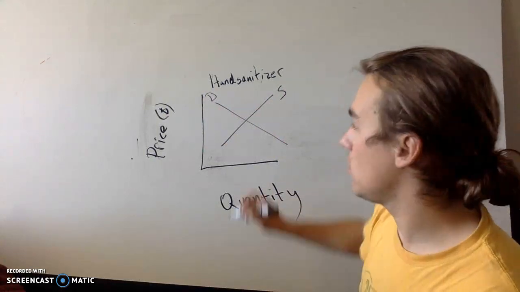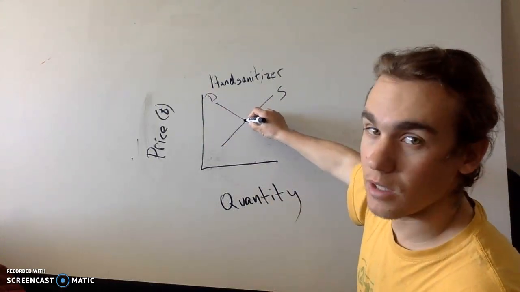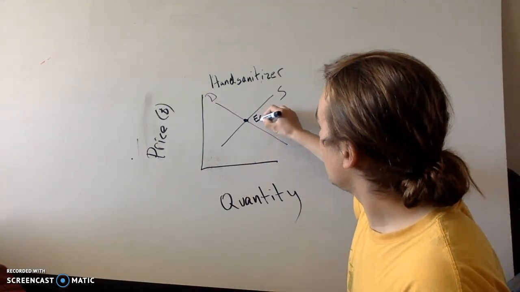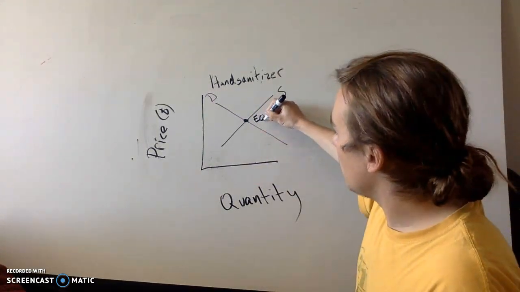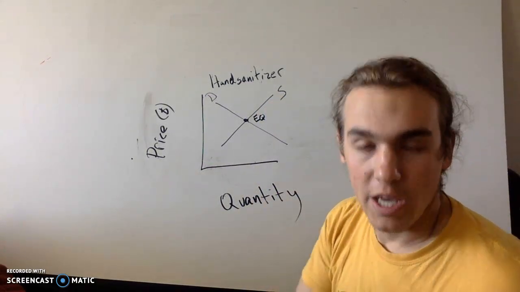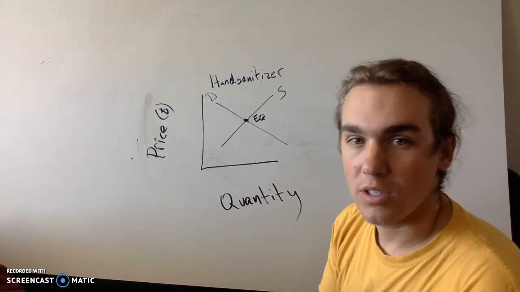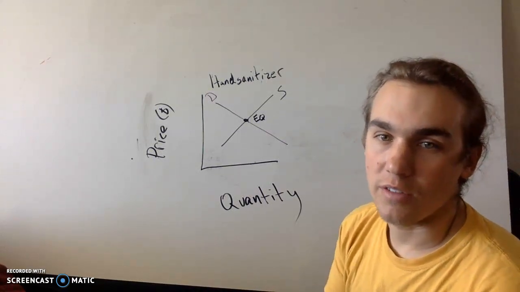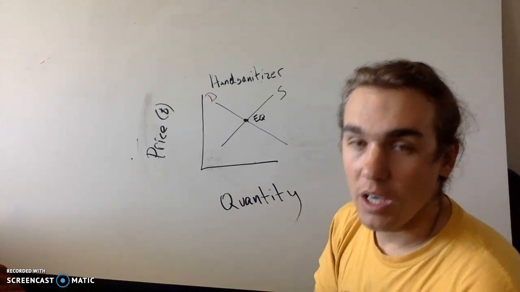Now, what we need to talk about is this point. This point right here is called the equilibrium. It will be labeled with an EQ. So the equilibrium point is a point at which the amount of goods and services that are produced are equal to the amount of goods and services that are demanded.